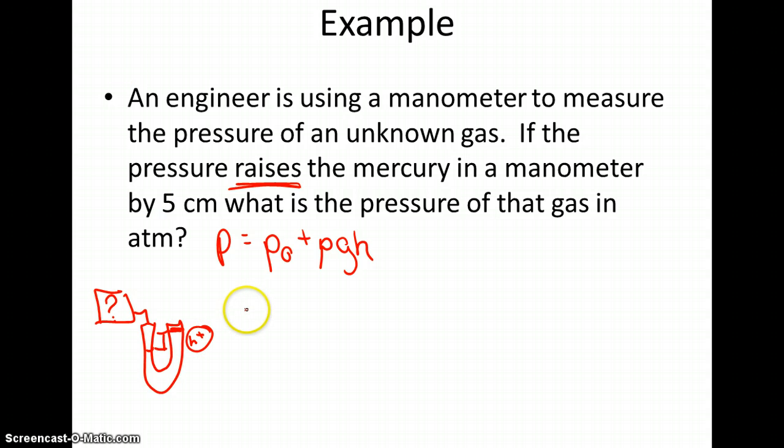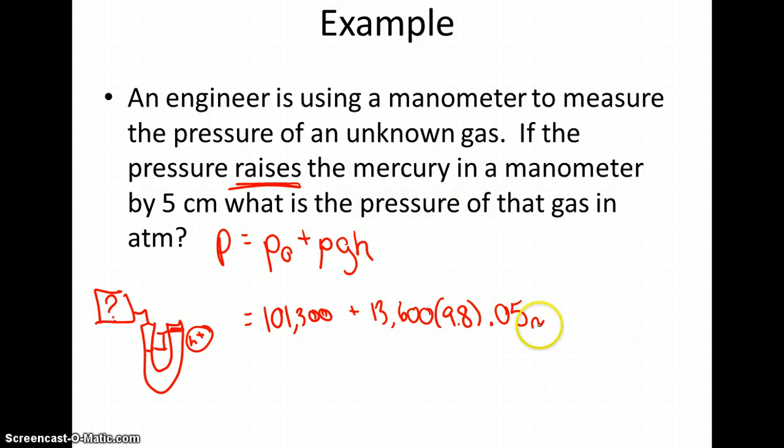So I know that I'm going to start with 101,300 pascals plus, and then I know that the density of mercury is 13,600 kilograms per meter cubed. Gravity, always 9.8. And the change in height, I've got 5 centimeters, and I need it in meters, so that's going to be 0.05 meters, okay?